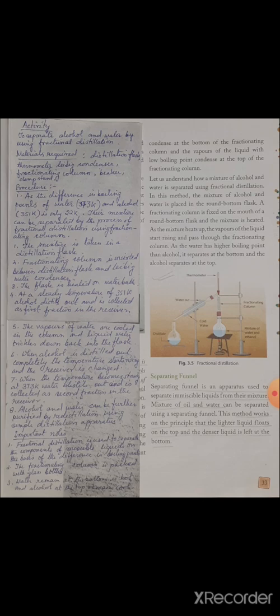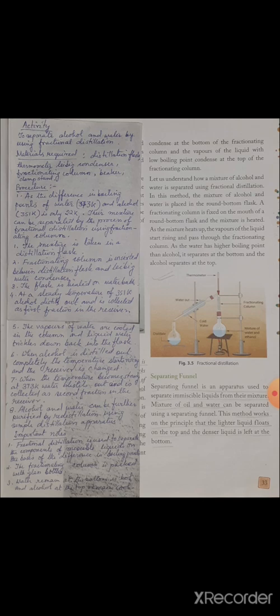Now the important notes. Fractional distillation is used to separate the components of miscible liquids on the basis of the difference in boiling points. The fractionating column is packed with glass beads. Water remaining at the bottom is hot and alcohol at the top remains cool.